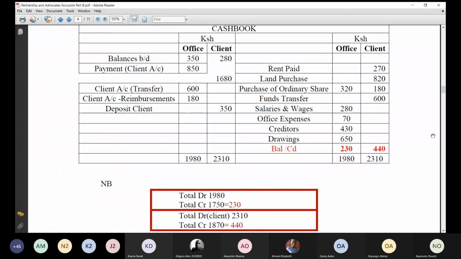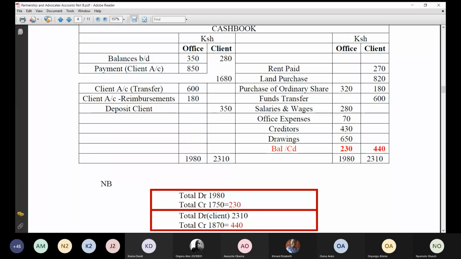That is why you've seen they've been picked and taken there. We also paid the creditors an amount of 430, and somebody took an amount of 650, that is drawings. And of course, when you see drawings, you know it affects your capital.